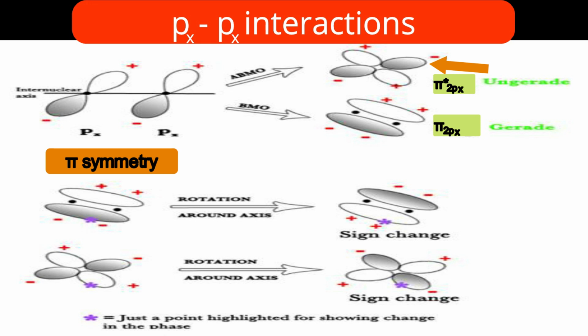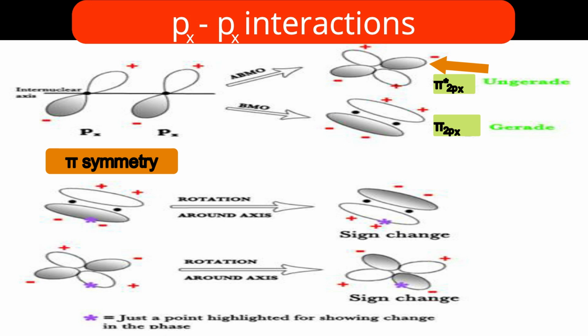So positive and negative, as they come closer, there will be repulsion. See the angular separation, see the angle made by them, see the repulsion caused there. You can understand by the pictorial presentation of the antibonding molecular orbital that those lobes are repelling each other.